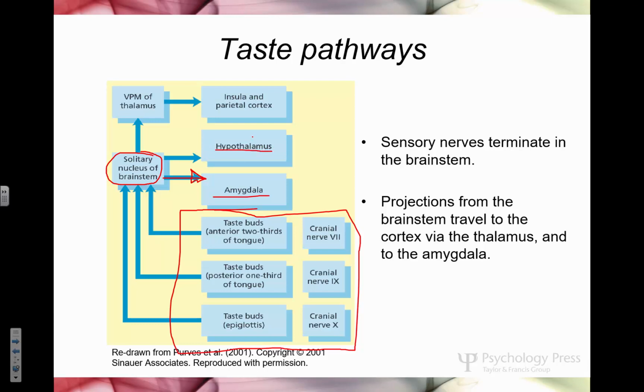The hypothalamus is like a hormone center, so it's really going to control hormones. Why is this important? Well, when you eat different things, you can cause different hormones to be released. That can help you go, well, I'm not hungry anymore, or I'm still hungry, or I need to do something else. And we're also going to send information to the thalamus and then on up to the cortex there.